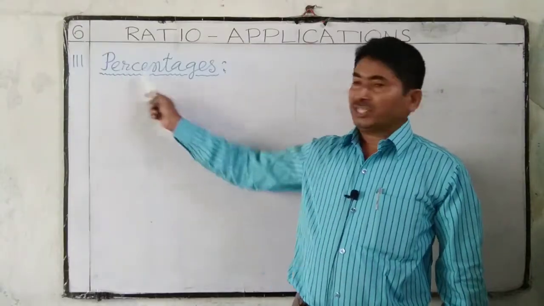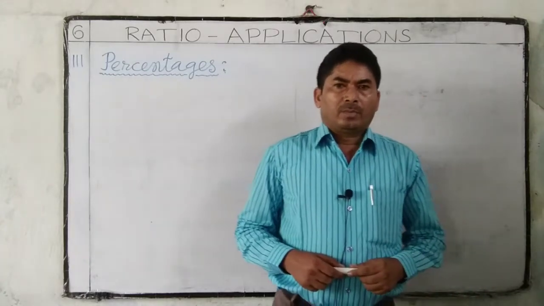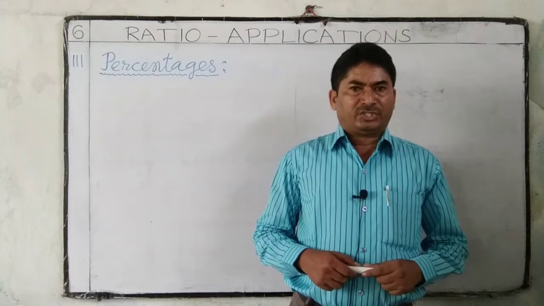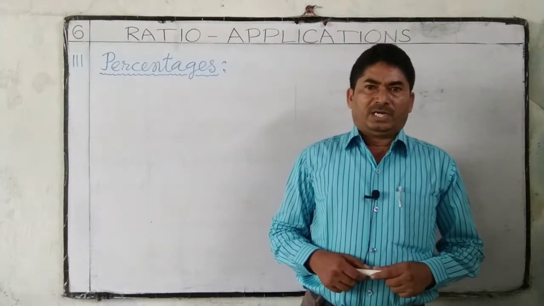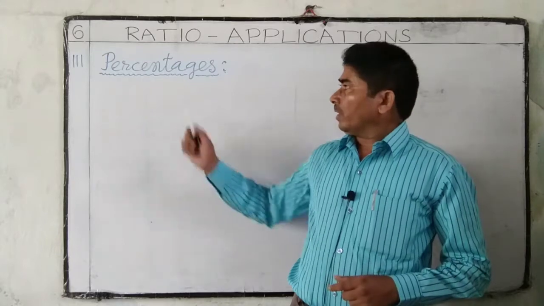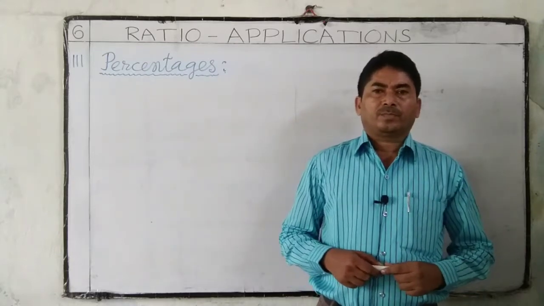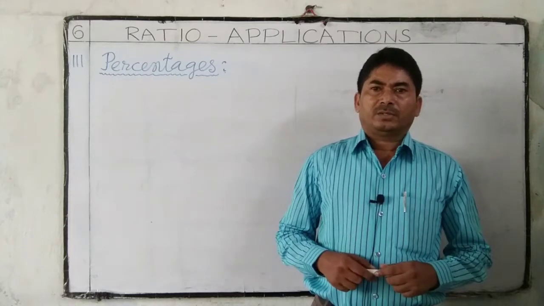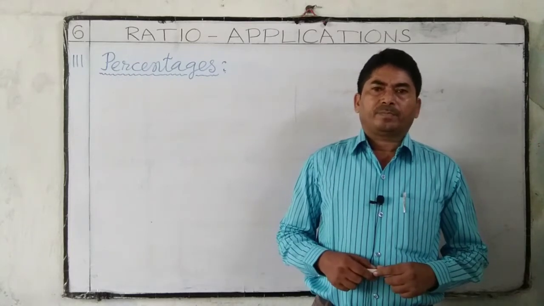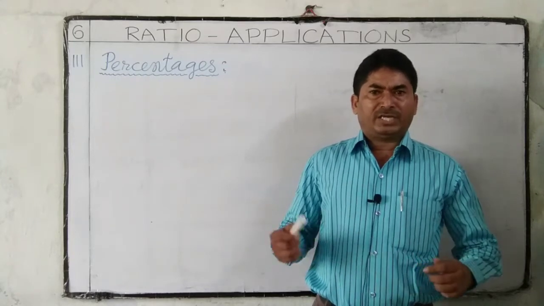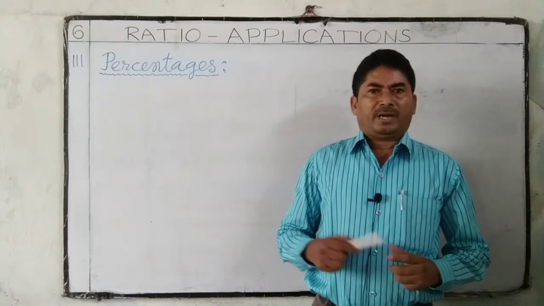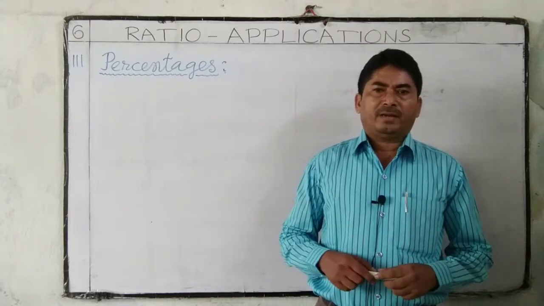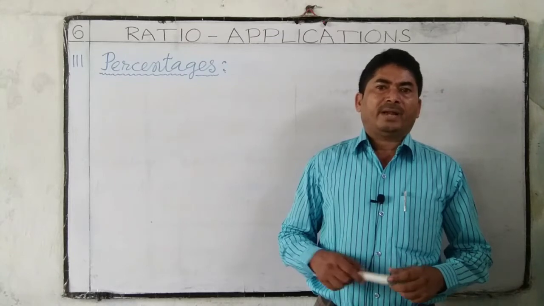Next, percentages. Ratios also appear in the form of percentages. Let us discuss now about percentages. The word cent means 100. The word percent means per 100 or for a 100 or per every 100.